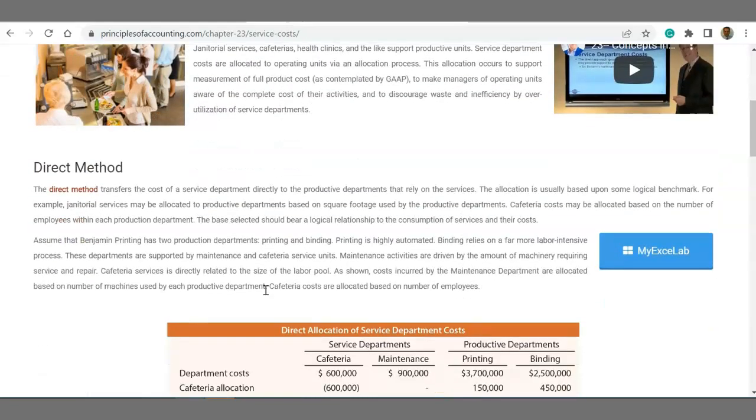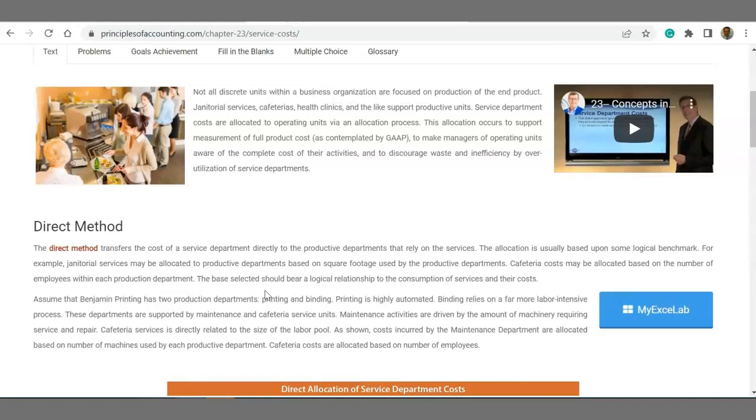Now there is some cost in a business that happens no matter what. The cost of services that a department is directly providing to productive departments needs to be applied to other departments.